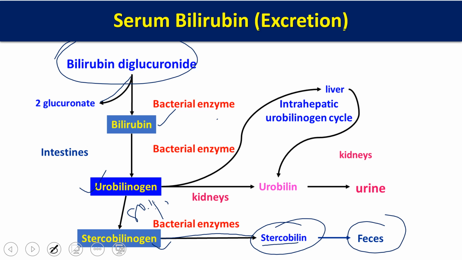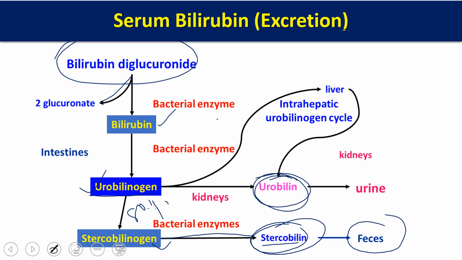The remaining 10 to 20% of urobilinogen goes through circulation to the kidney, and there it will be converted into urobilin. This urobilin's color is yellowish, and this normally gives the yellowish color of the urine. So urine has a specific color because of urobilin, and the feces or stool has the normal color because of stercobilin.